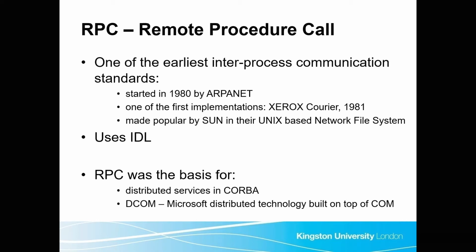It was just a method to call a procedure or a function in one place from another place. One of the first implementations was in 1981 in the Xerox Courier system, and subsequently it was made popular by Sun in the Unix-based network file system.